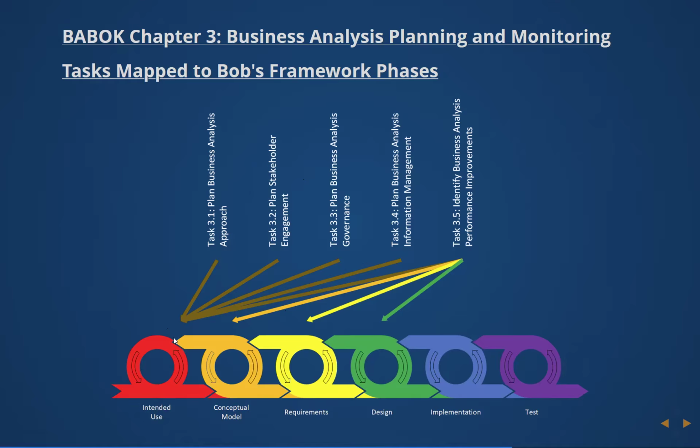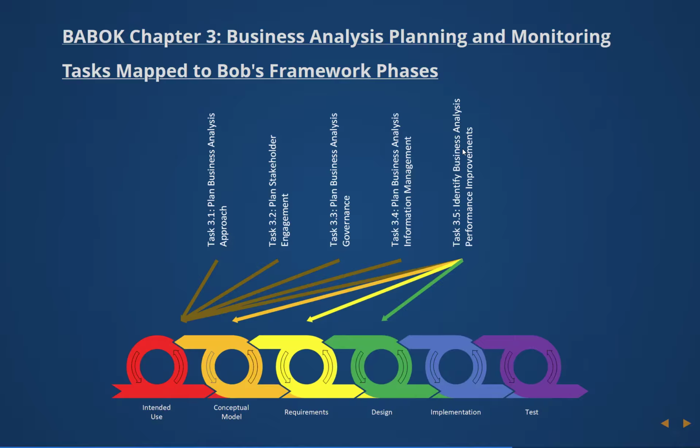That's all in the planning or opening phases. They're not really shown here, but they're really embedded in the intended use area, or a pseudo planning area shown in the SDLC, kind of after the intended use.